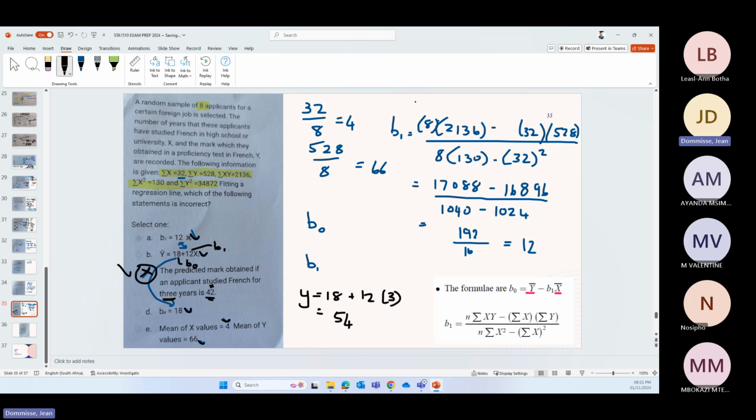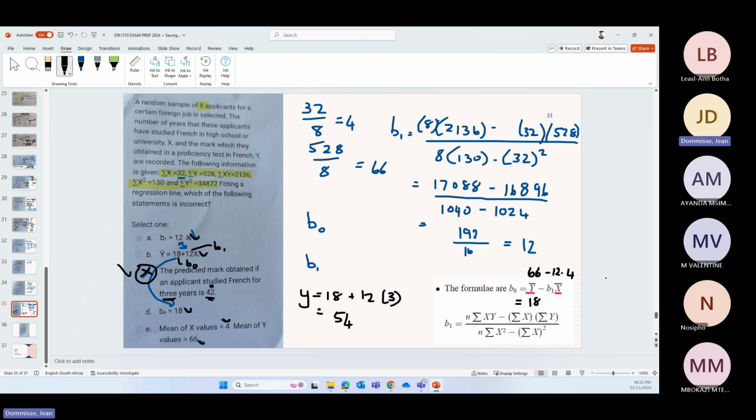But I then also just made sure B1 is correct. You can also check, we've got the 4, we've got the 66, so we can put in the 66 here minus 12 times 4. So 66 minus 48 does give us 18, which is the B0.